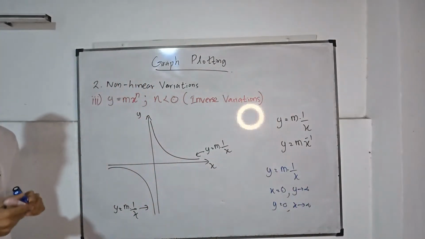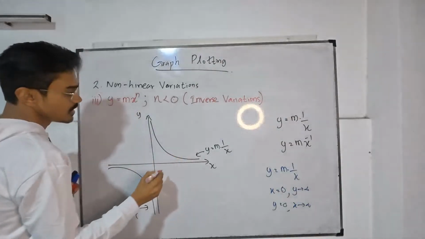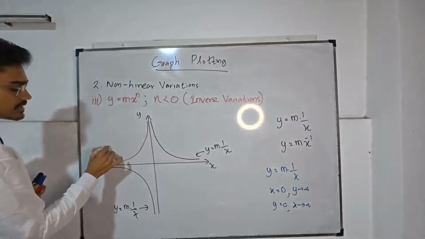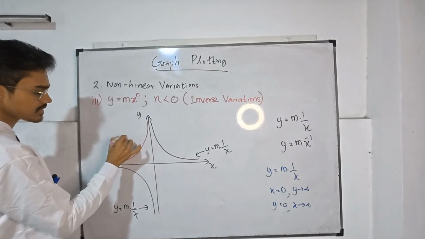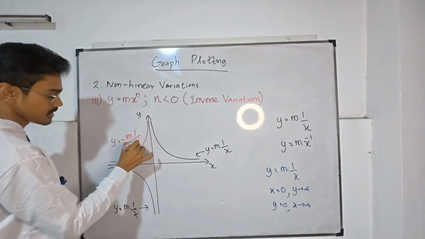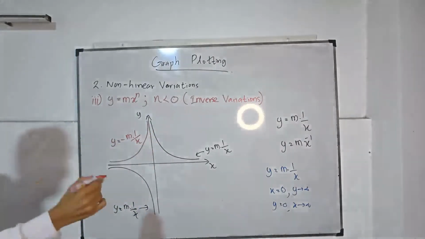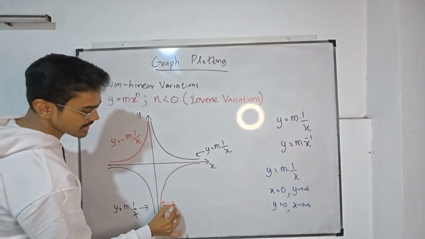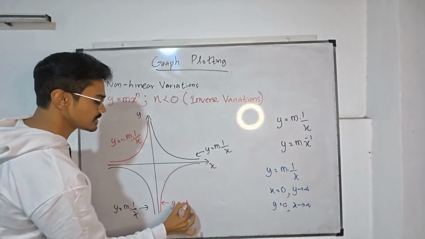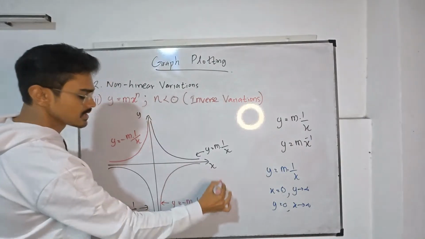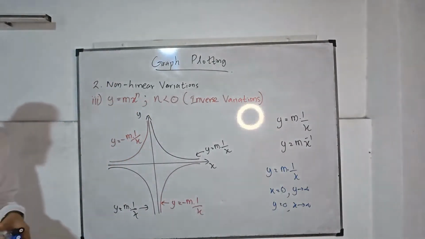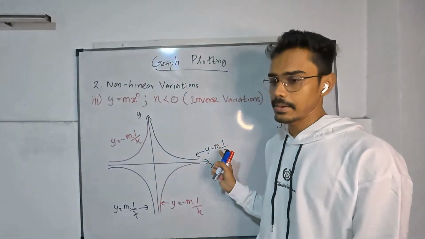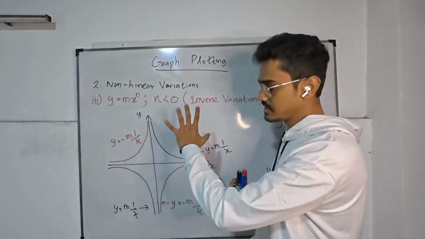And if I plot this kind of a variation, this is y equals minus m into 1 over x. And the rest of the same curve is here. So use the same colors, then you can see this properly. So this is how it goes. Now, as this example curve, I used y equals m 1 over x, and this is how it behaves.